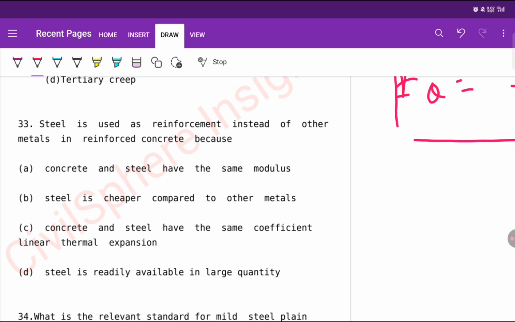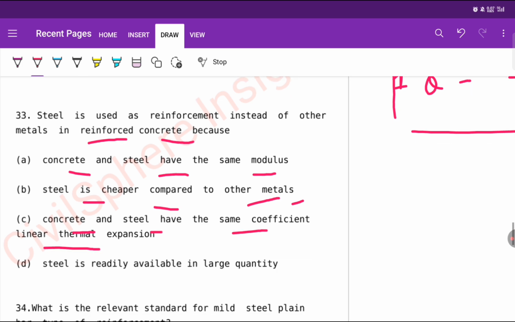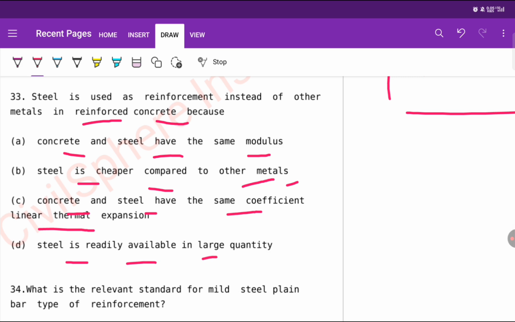Steel is used as reinforcement instead of other metals in reinforced concrete because: concrete and steel have the same modulus, steel is cheaper compared to other metals, concrete and steel have the same coefficient of linear thermal expansion, or steel is readily available in large quantity.